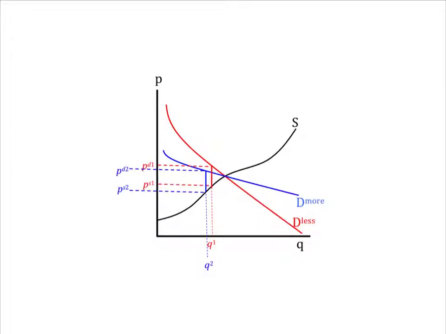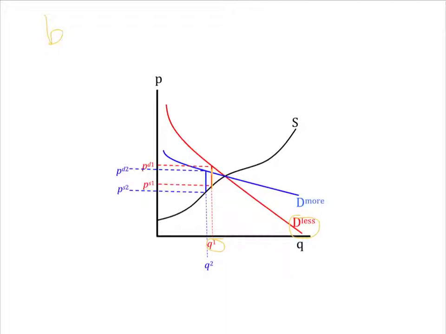Problem B asks if demand is more elastic or less elastic, how will that affect the effectiveness of the tax at reducing the quantity? Well, here's the diagram. If demand is less elastic, then here's the wedge, and we see the quantity is Q1.